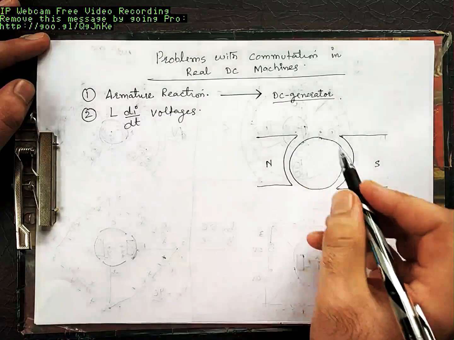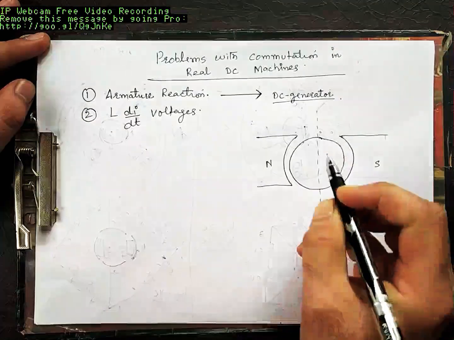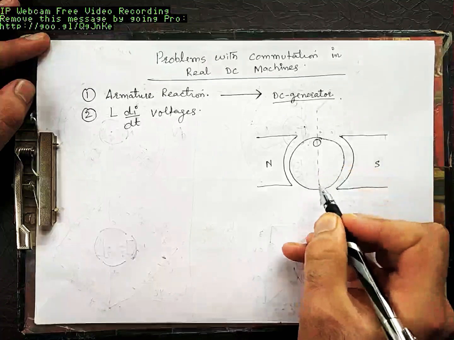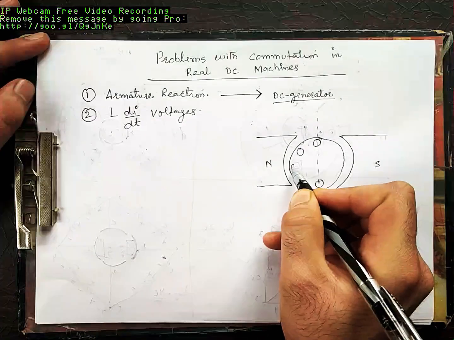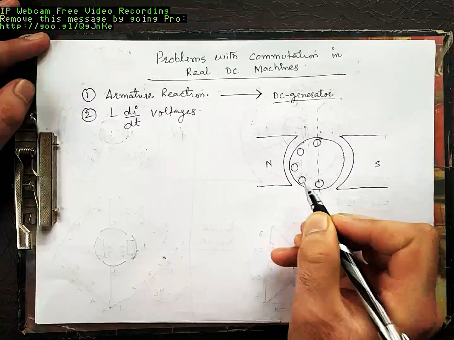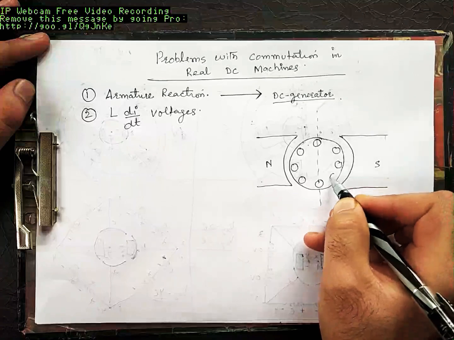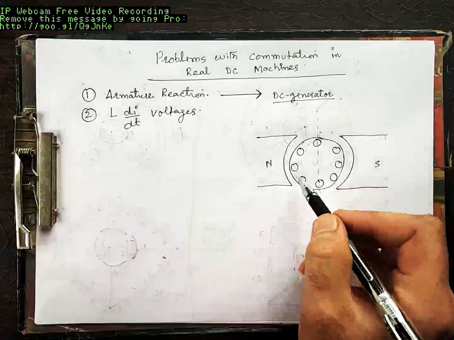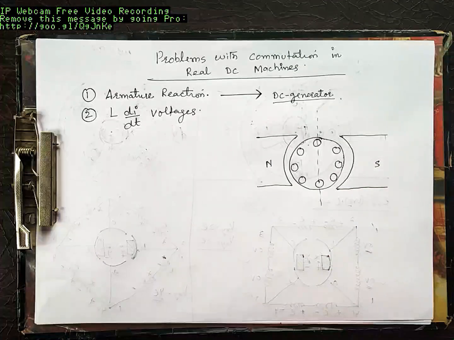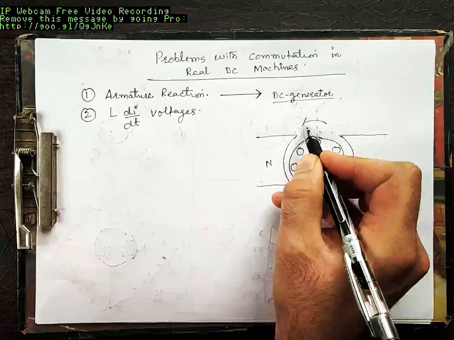There are slots in this. These are slots for the armature winding. Say we are rotating the rotor in this direction.